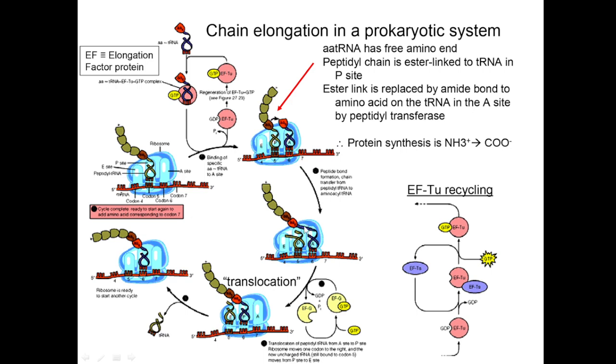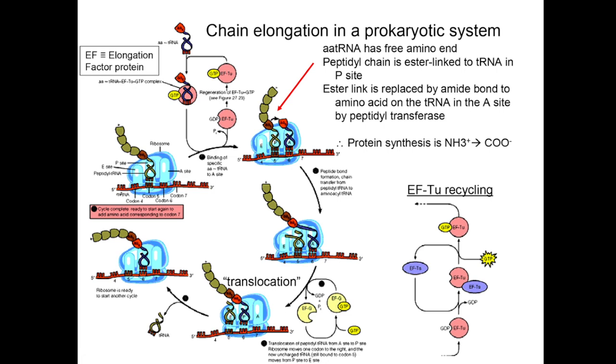The next step is the transpeptidase reaction associated with the big subunit. Proteins of the big ribosomal subunit lead to breaking of the ester bond between the previous tRNA and formation of a peptide bond with the next amino acid. Then GTP associated with elongation factor G, or the second factor for eukaryotes, displaces the complex from the A site to the P site.